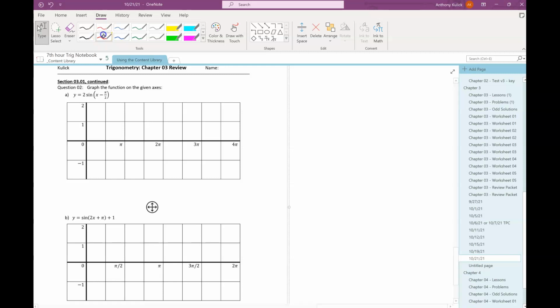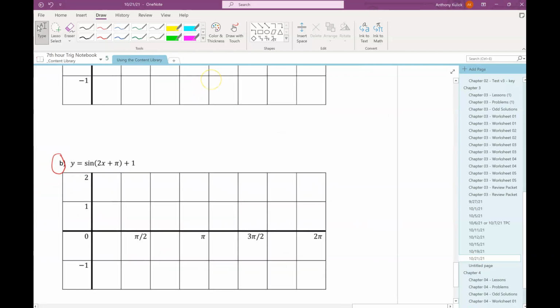So let's say we're doing this one. I'm going to start by finding the values for a, c, h, and k. But I note here that I'm going to have to factor.